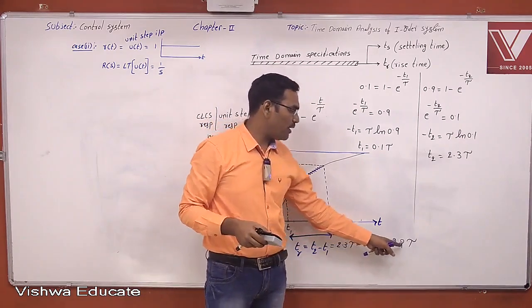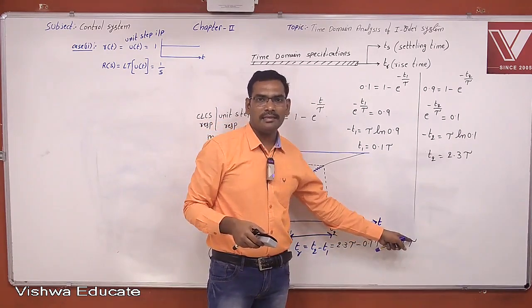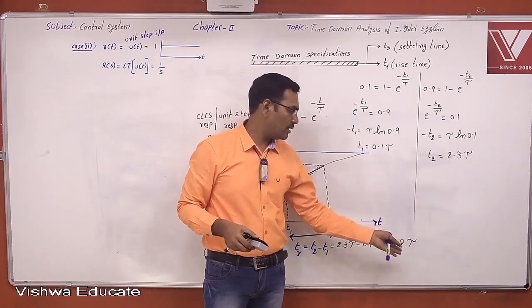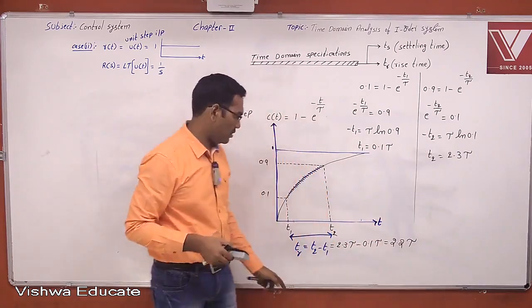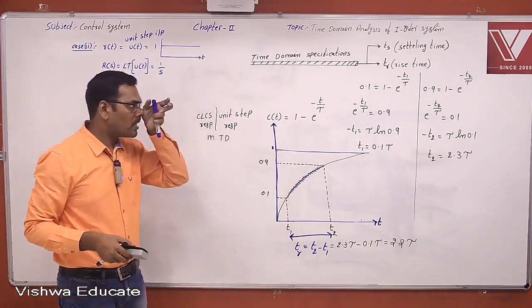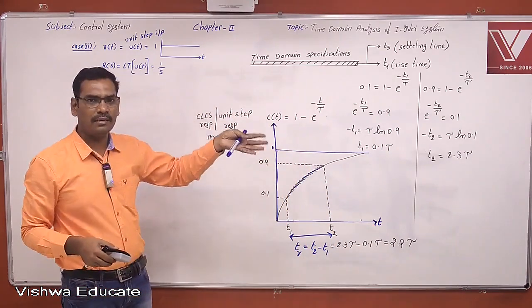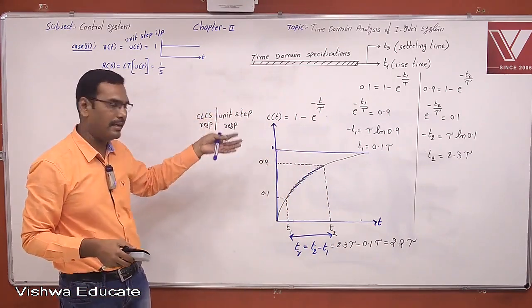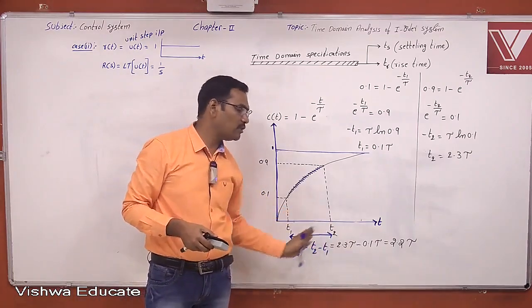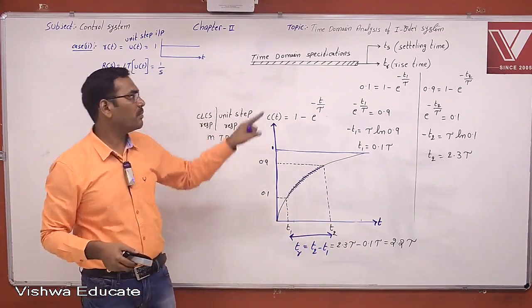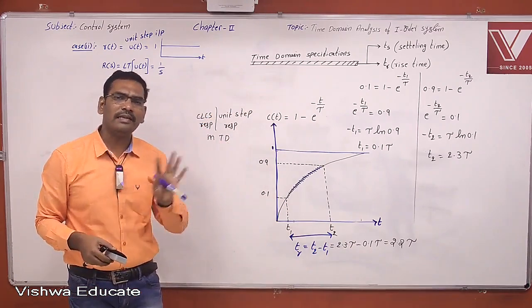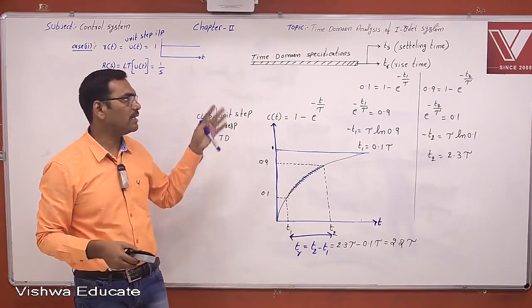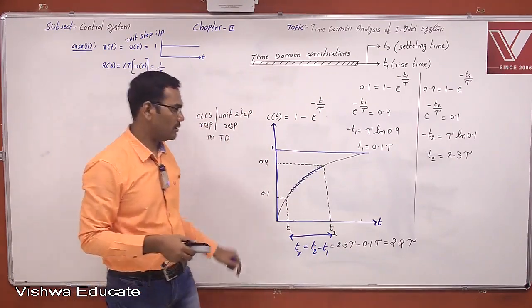Rise time is 2.2 tau, but don't write RC; here tau is the system time constant. This is the rise time for a first order system. Derivation is not required for the GATE examination, but you just remember this formula. The settling time is the same for any practical response. Okay, note down this one.